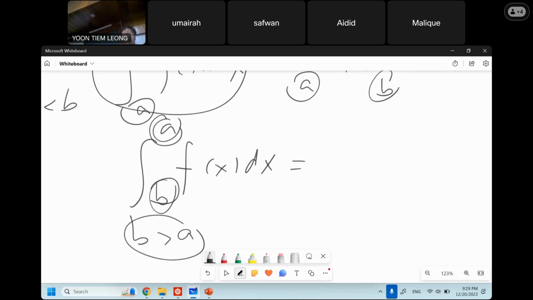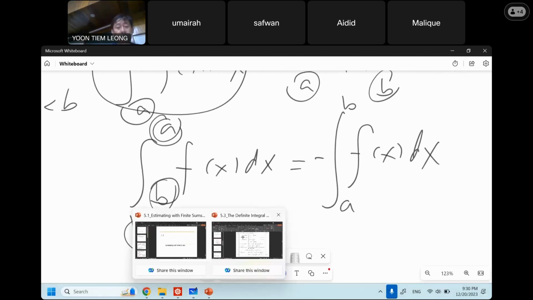According to the theorem, the value of this definite integral is the same as the definite integral of the function from A to B with a minus sign. Now this is given to you, and it's not proven.